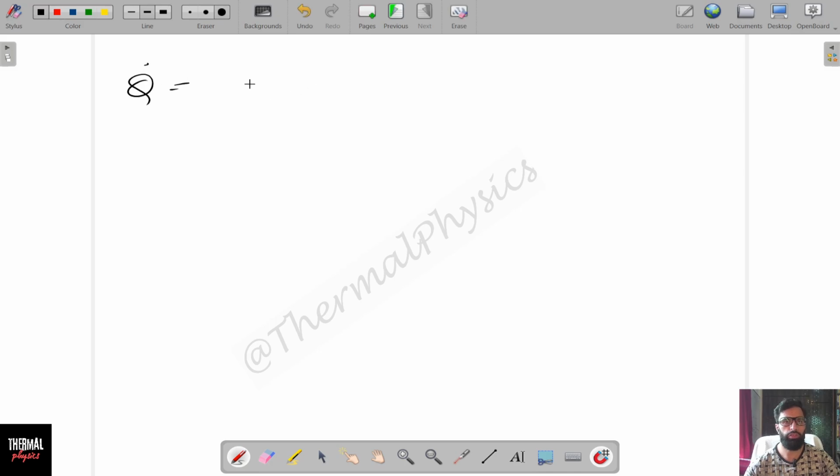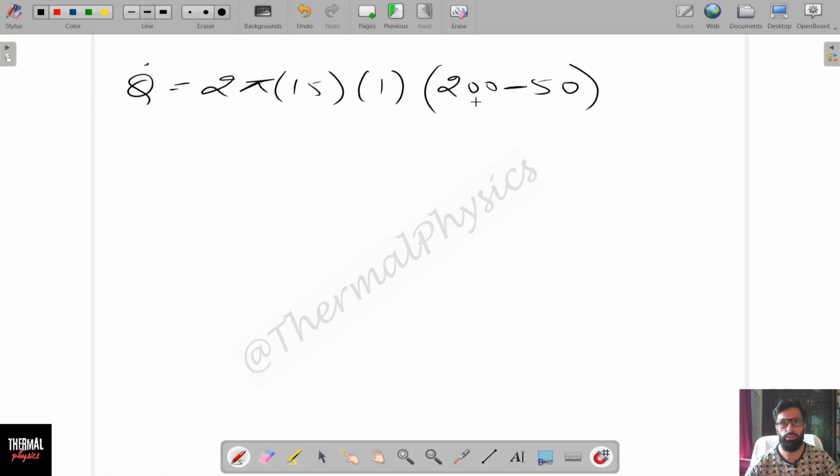So the heat transfer rate will be 2 pi k. k is 15 in SI units, L is 1, and the inner surface is at 200 degrees Celsius, outer at 50 degrees Celsius. Since we are taking a difference, whether we take temperature in degrees Celsius or Kelvin doesn't matter, the 273.15 is going to cancel out, divided by our value 0.916.